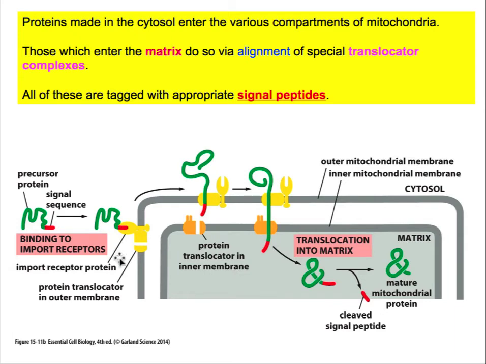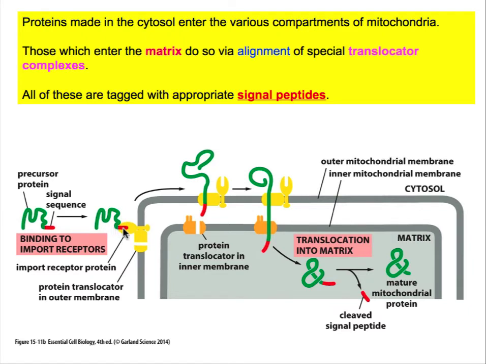And that's done through interaction using various other protein complexes called the import receptor proteins, the translocator proteins, and of course there are other proteins here that we need to be familiar with. But first, let's concentrate on what happens as the polypeptide is passed from the cytosol to the matrix.